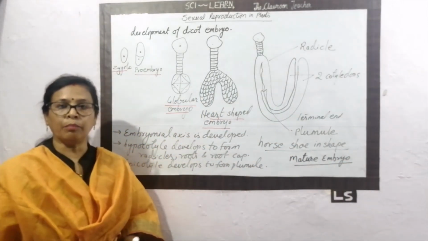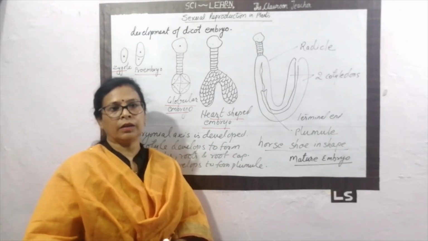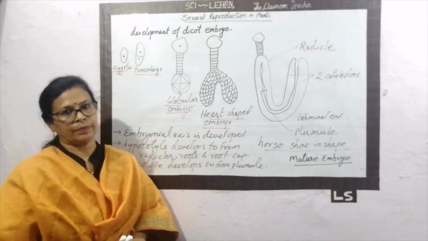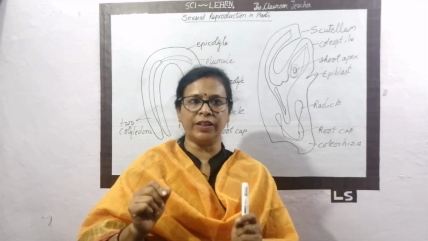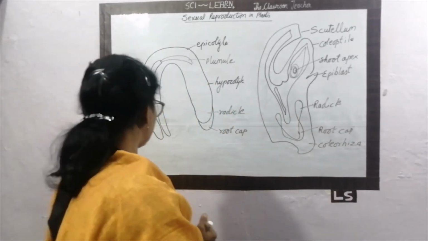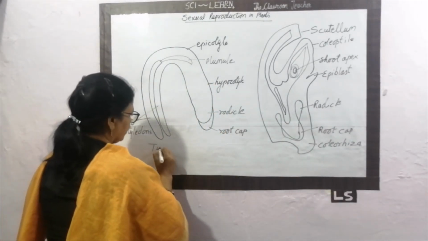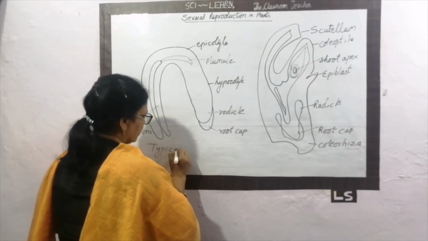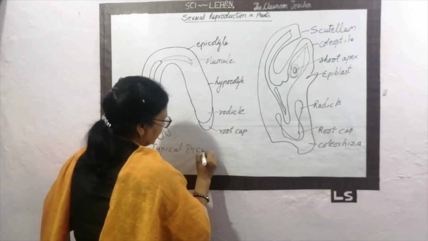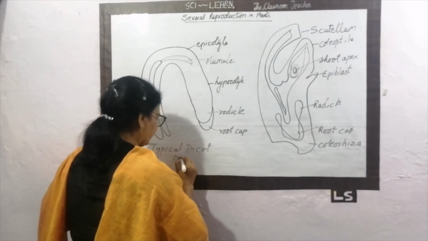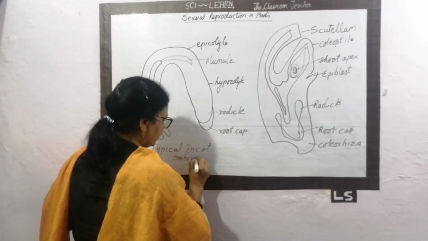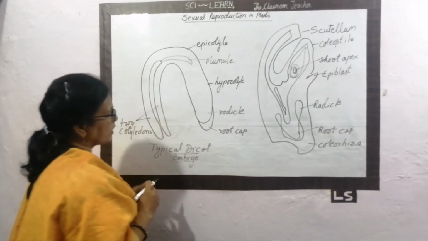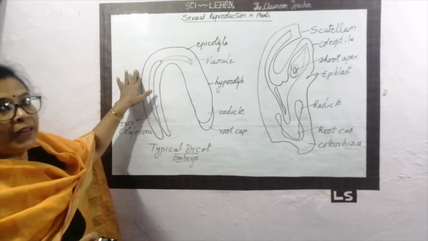So this is the embryonic development in dicotyledon, the structure of a developed embryo. This is the typical dicot embryo. As we see, all of this is called the embryonal axis.